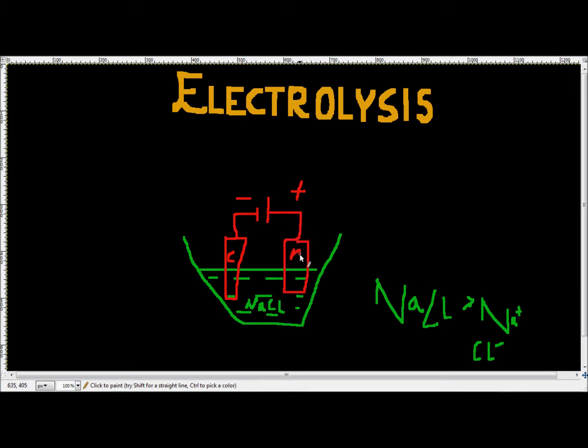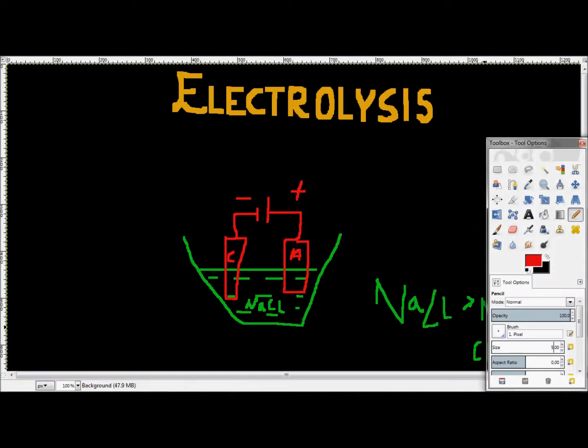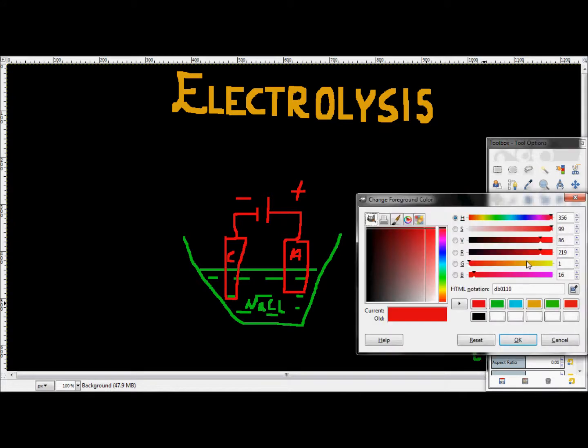You'll be learning more about cathodes, anodes, what they are made of, later in the second section in this chapter, but for now just take it like this. I'm just going to change color.